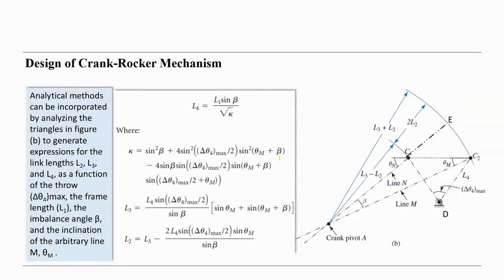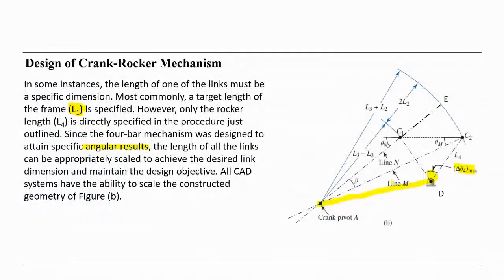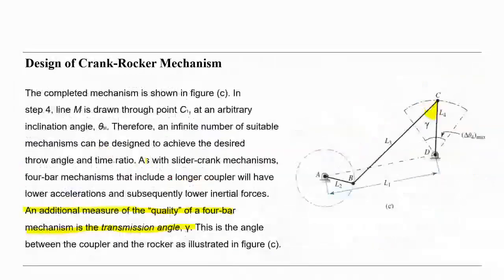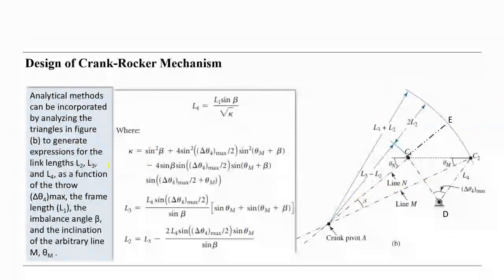So, design of a crank rocker mechanism. But we can also calculate the dimensions using the analytical way. We talked about the graphical method at the beginning; now we can use the analytical method.